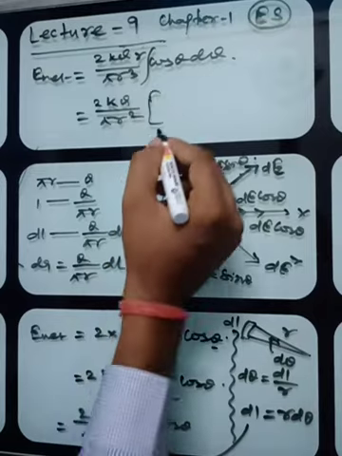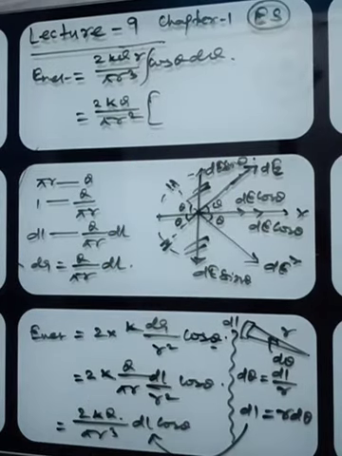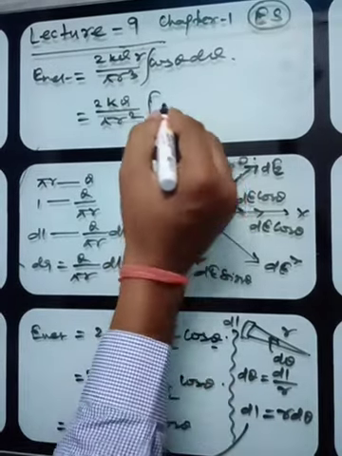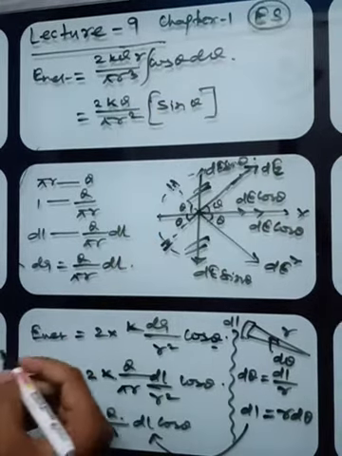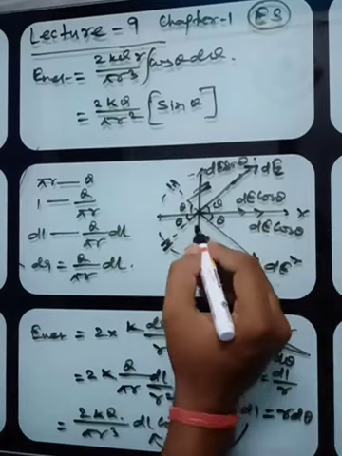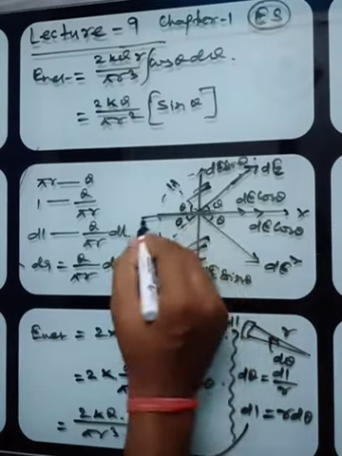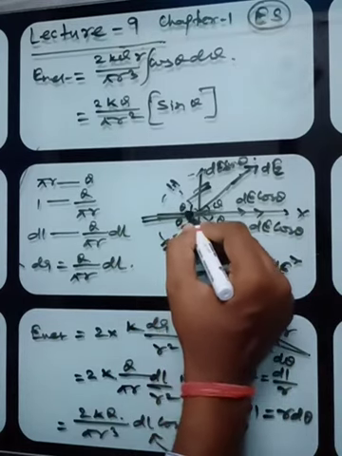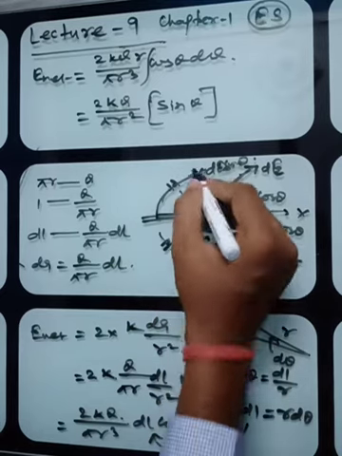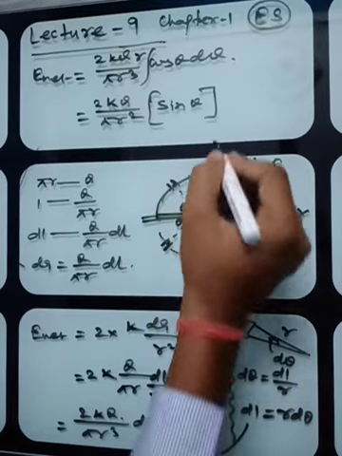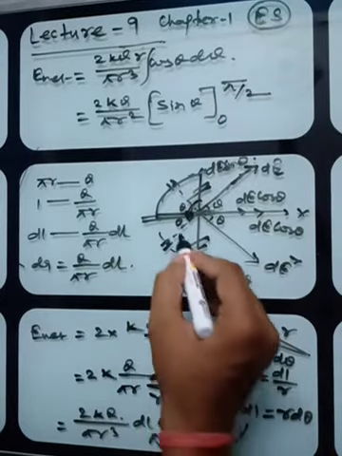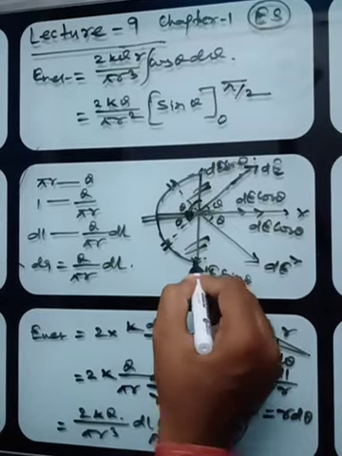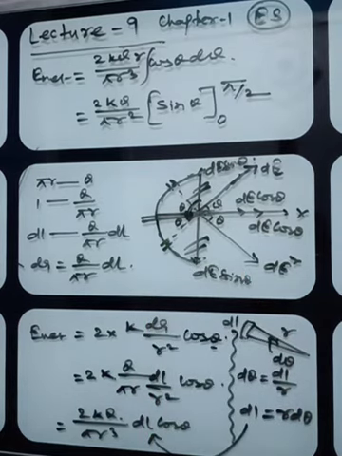The integration of cos theta is sin theta. Okay, so this angle theta is increasing from here, from 0 to, for the half one, 0 to pi by 2, and this will also integrate from 0 to pi by 2.